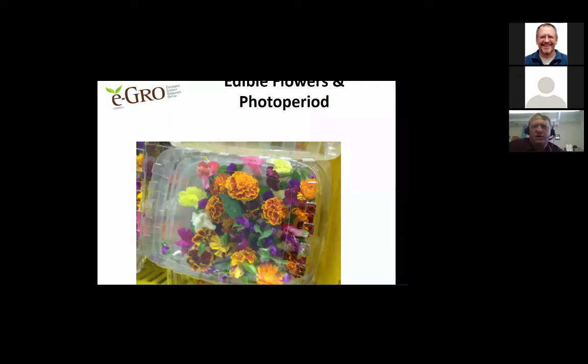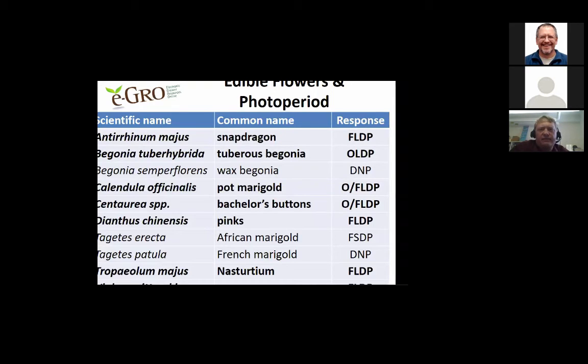So a couple other points to cover. We're seeing increased interest in edible flowers. As was talked about during the question period with Christopher Curry's presentation, we can take the same response group information and look at what it takes to induce flowering in these different species and apply those inductive lighting treatments.